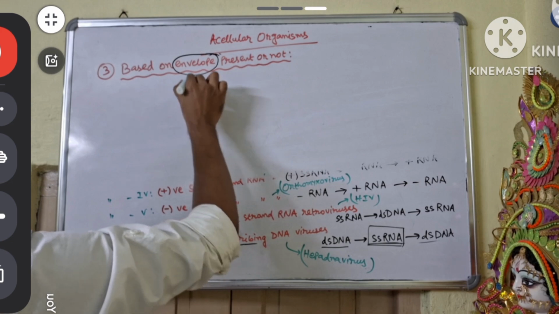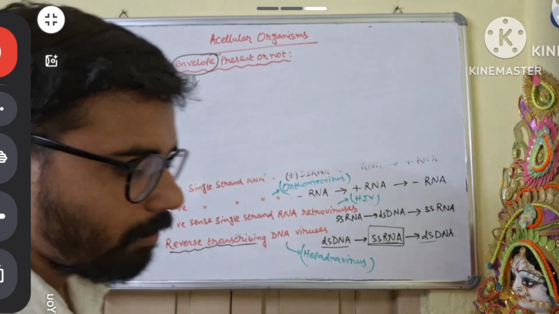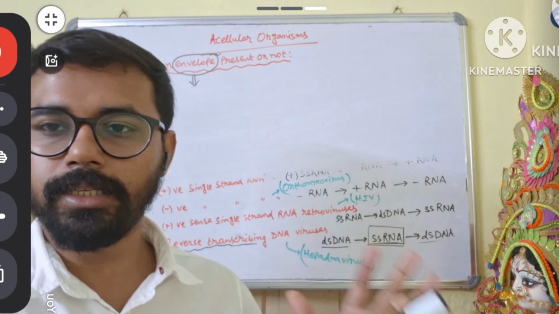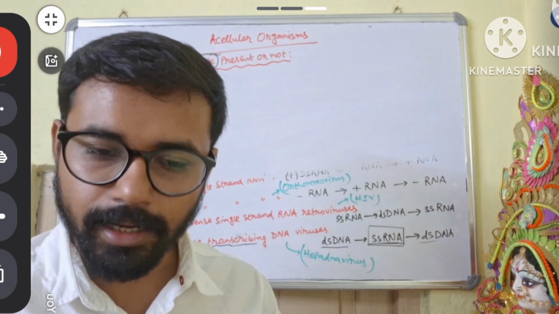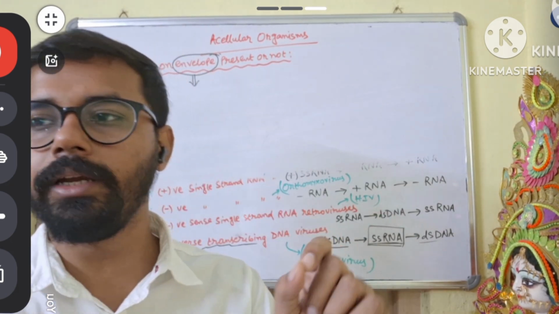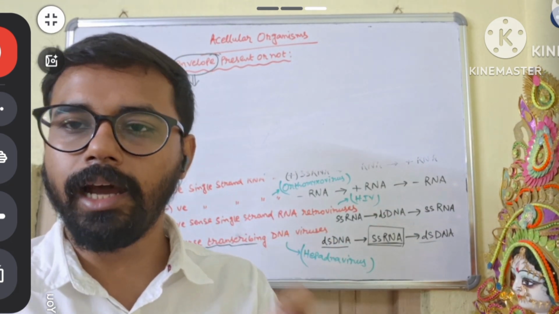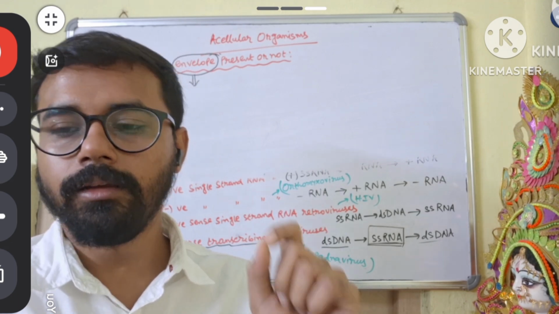Normally, virus structure is composed of protein, meaning capsid, and nucleic acid. But some viruses contain an outside lipid layer, an outer layer, and that is called the envelope.